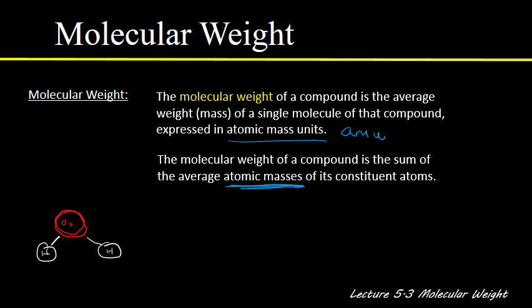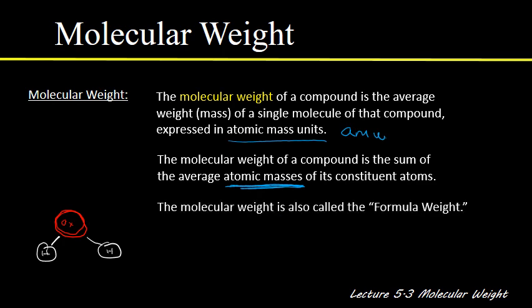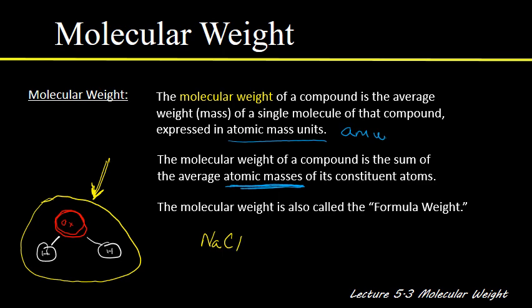All right, now I said there were two different terms. The molecular weight, also called the formula weight. The reason for that is if you have something like water, water really does exist in discrete molecules like this. So if you call this the molecular weight, you're saying this is the average weight of one molecule that looks like this. But there are some things like sodium chloride that really don't exist in discrete molecules.